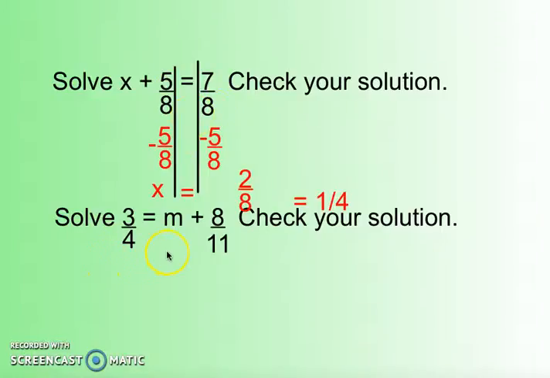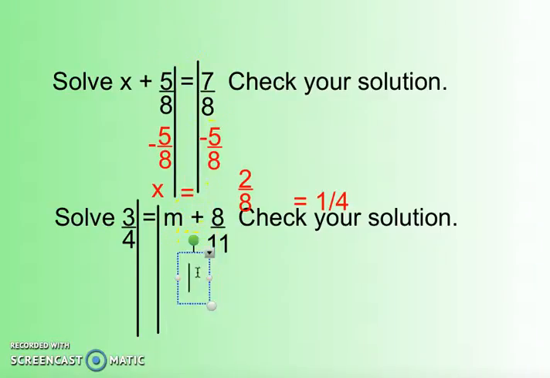Okay, look at this problem. The opposite operation, again, of addition is subtraction. So let's subtract. If I draw my lines, first of all, notice I am subtracting the number next to it, so that's 8/11.